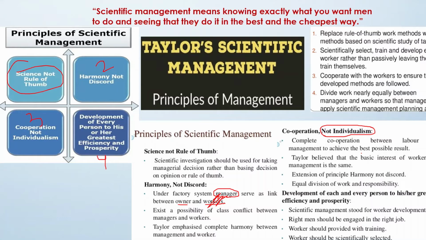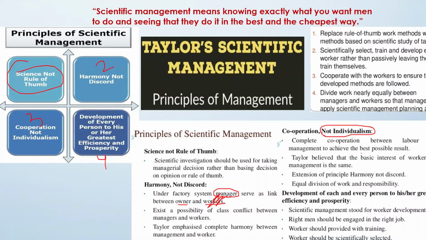If both labor and management are going to work together, they cooperate with each other, they don't feel it is individual, only my interest has to be satisfied, then that will be a problem.